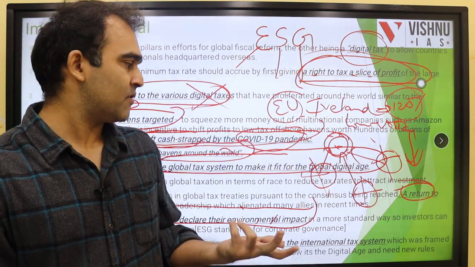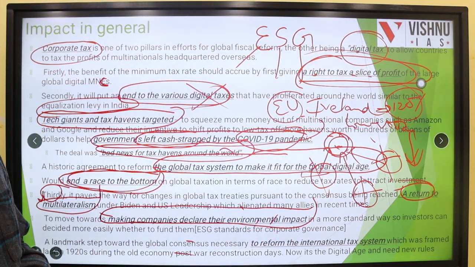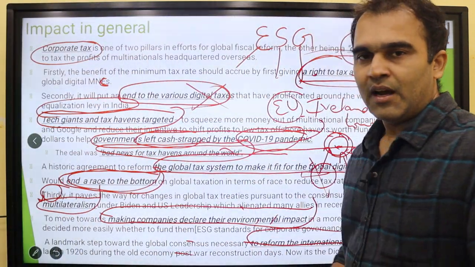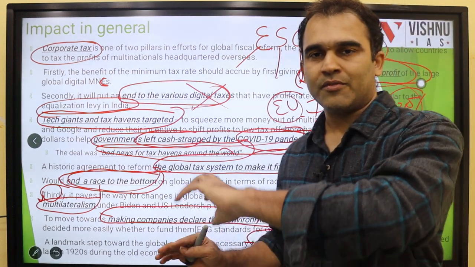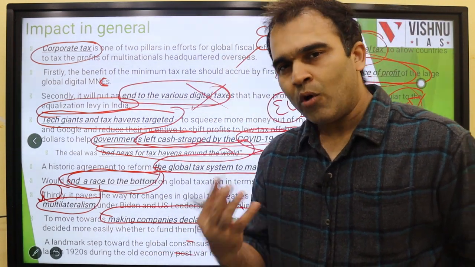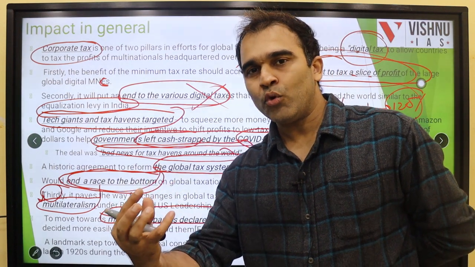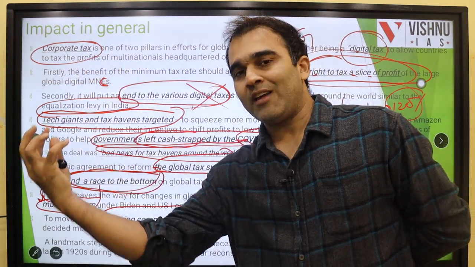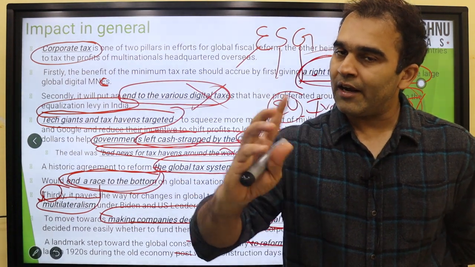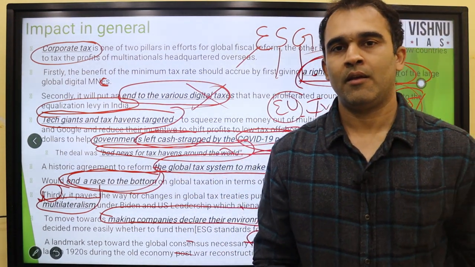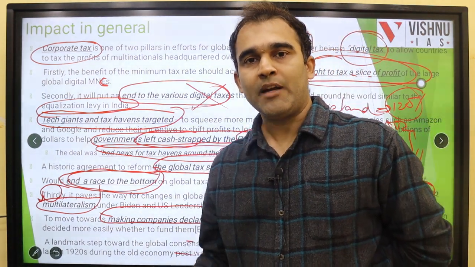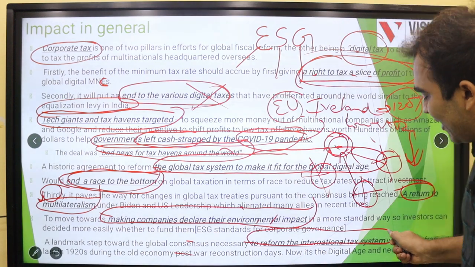Until now, the international tax system of the global economy was more aligned towards the post-war reconstruction phase of the 1920s, meaning that it is more aligned towards old economy companies and old economic activities. But now is the chance to reframe them.